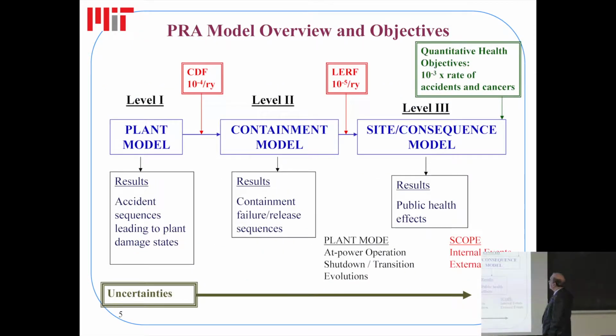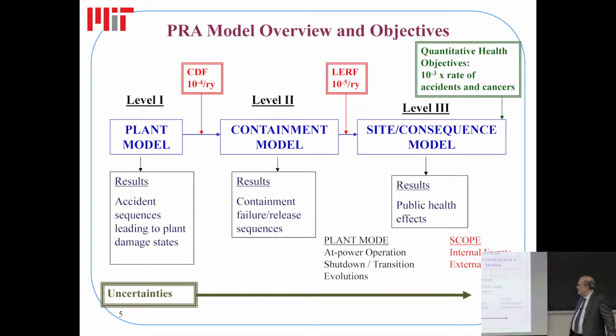Now, here is an overall view of the PRA model. When you're dealing only with a plant, in other words, you're trying to develop accident sequences that lead to core damage, we call that a level 1 PRA.